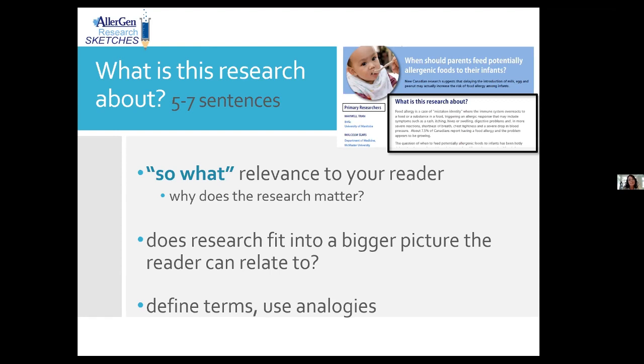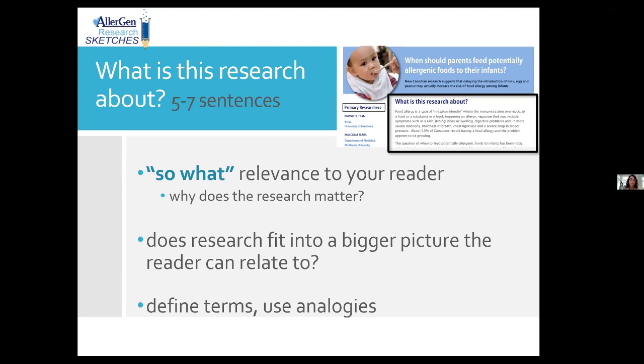There is a link between even the most esoteric research and the way in which it could benefit someone. It's your job as the writer to help your reader identify what that link is. For example, you could tell your reader that understanding the way this protein works may lead to a new treatment for blood disorders.